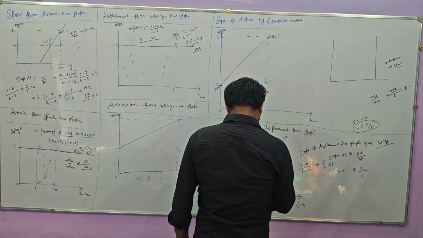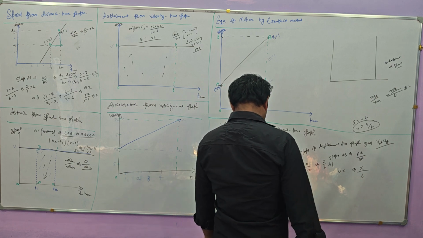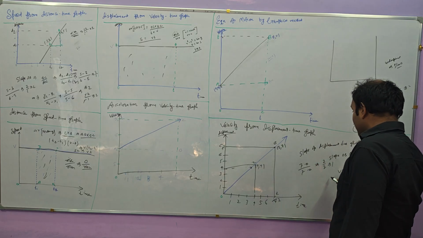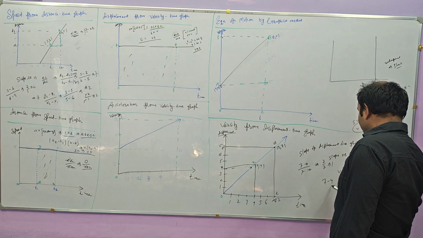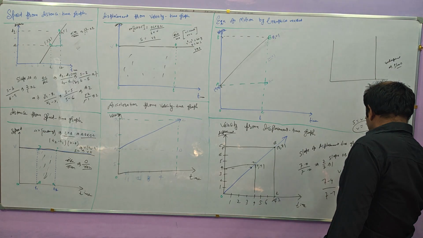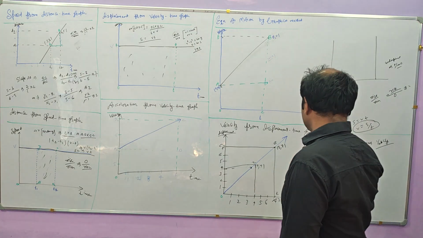This is our 4 and 4. Again we check 7 minus 4 upon 7 minus 4, that's 3 upon 3, that is 1.